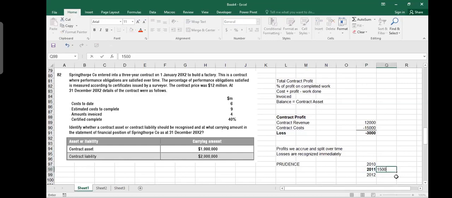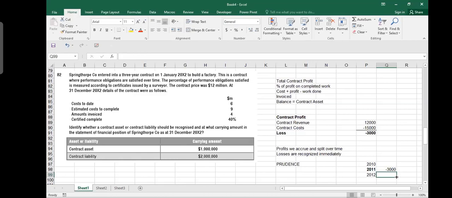Should we do it 1.5 million, 1.5 million loss here, like minus 1500 and minus 1500? I mean, should we split the loss over 2 years? Answer is no. Whenever you see that there is a loss, you cannot carry forward the loss. You cannot transfer the loss to the future period. You calculate it today, you immediately recognize it today.